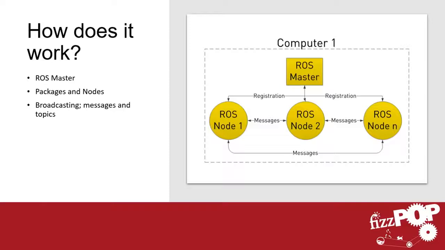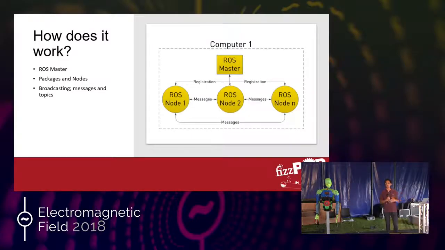And all these nodes talk together using messages. That's what it's called in ROS. It's essentially just like a data stream. Each node is sending out the data after it's processed, and any node listening for that data can take action based on it.